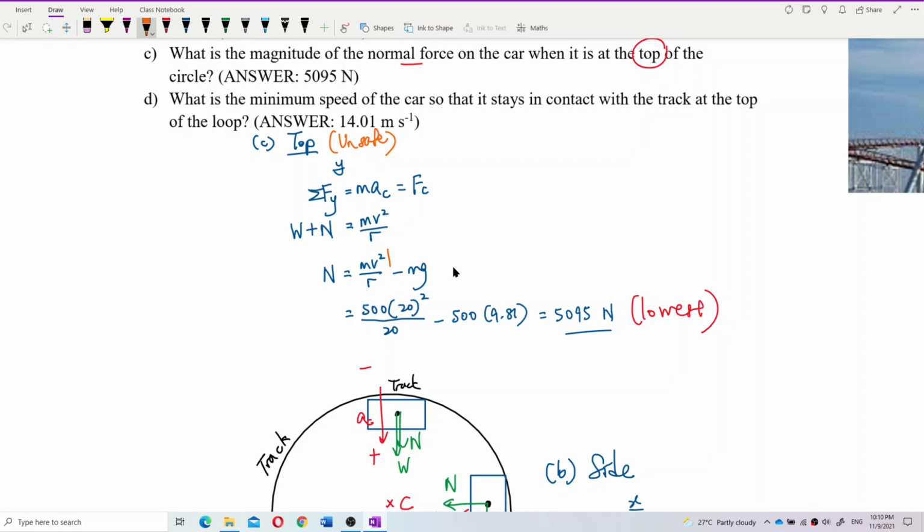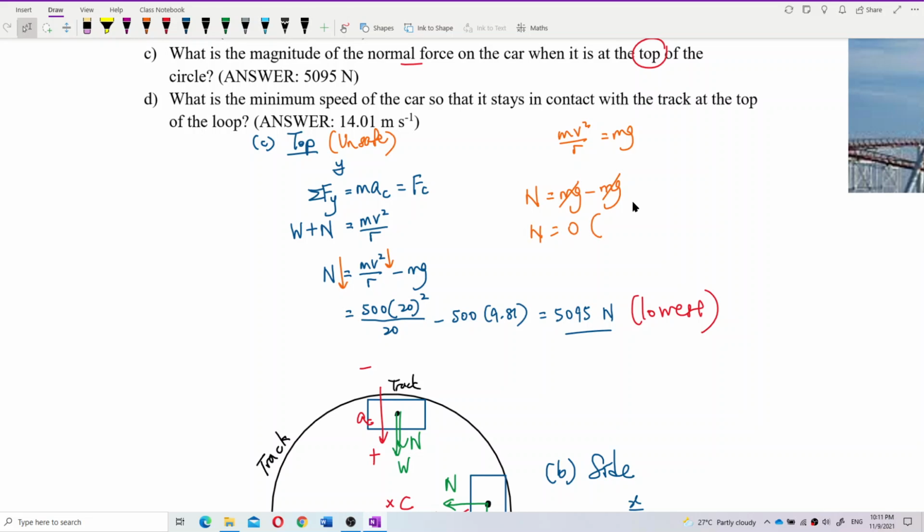When the speed decreases, the normal force decreases. At a certain value, when it decreases until N equals mv squared over r minus mg, and mv squared over r becomes equal to mg, you get 0.